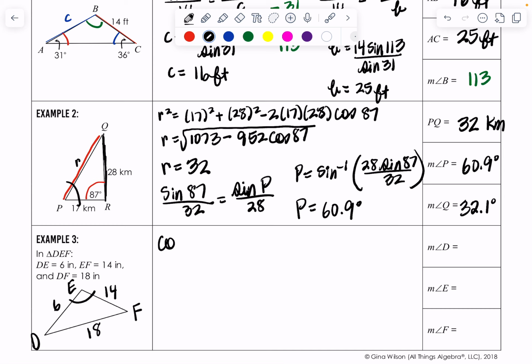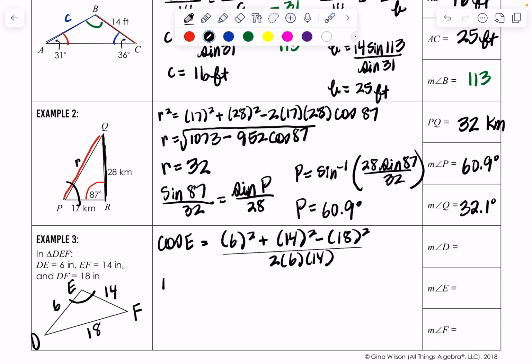So I'm going to use that other form of this. Remember, cosine of E would be equal to the other two sides squared minus the side opposite, that one squared, which is your E squared, over 2 times 6 times 14.